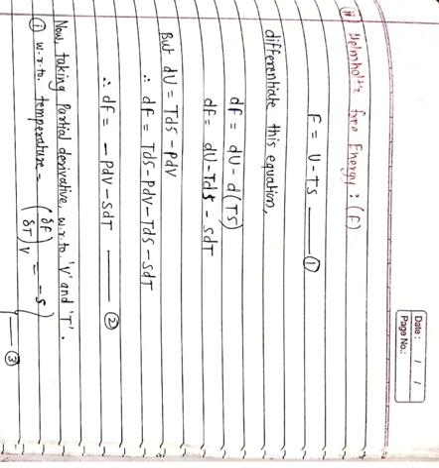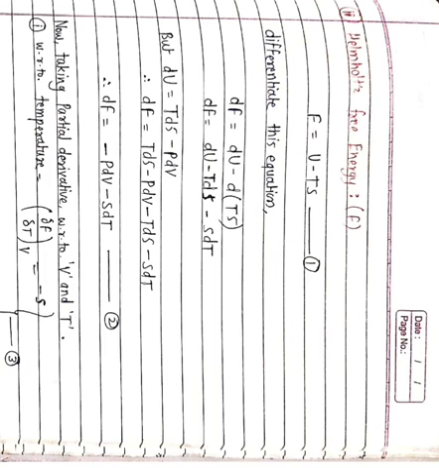Now the next point is the Helmholtz free energy, which is denoted by F. Mathematically, F is equal to U minus TS. This is equation 1. Differentiating this equation, we get dF is equal to dU minus d of TS, which is TdS plus SdT. Therefore, dF is equal to dU minus TdS minus SdT.